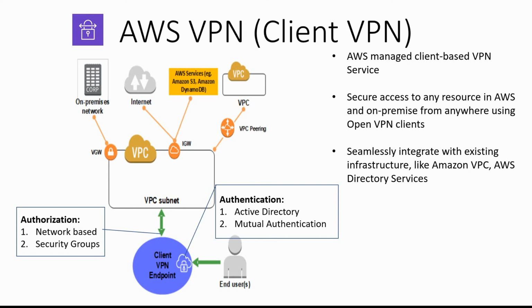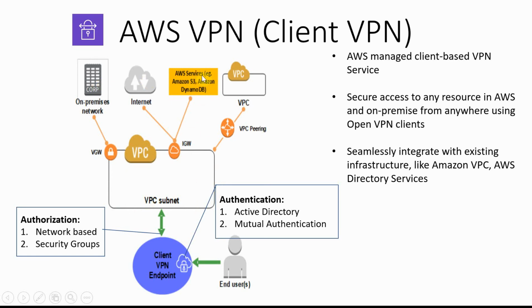So this VPN client architecture, I think we just saw. An end user tries to connect to a VPN client, and once he connects there, he can directly access the AWS VPC subnet, and from there he can access all the other resources outside of this VPC as well.